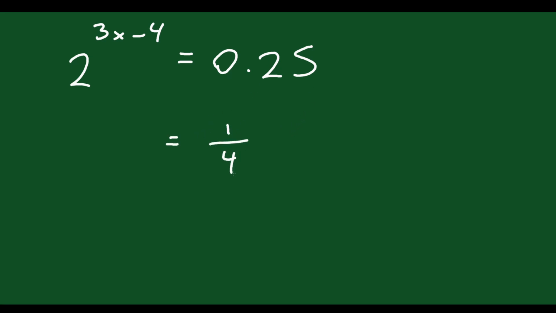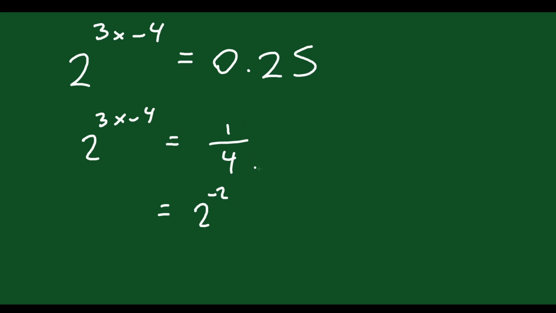For the next one, 2 to the 3x minus 4 equals 0.25. Well, first I can say 0.25 is just a quarter, and a quarter you could probably write as a base of 2, because I know 4 is just 2 squared. So this whole thing will be 2 squared, but that exponent has to be negative because this is upside down, it's 1 over 4.